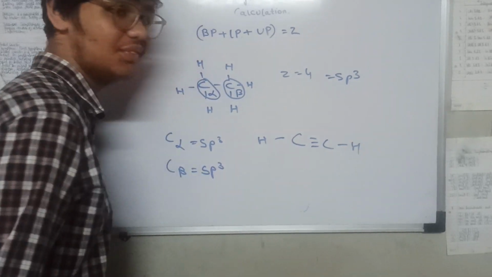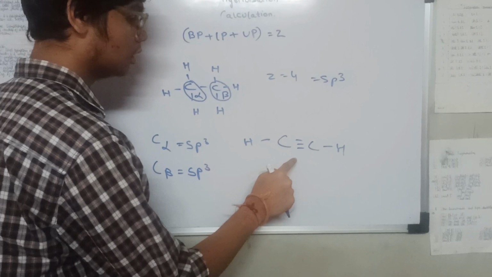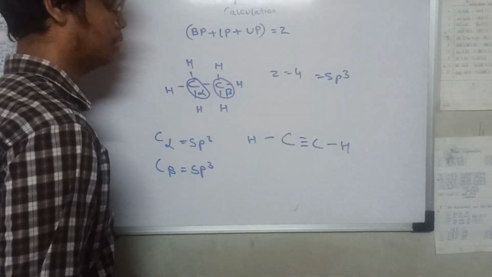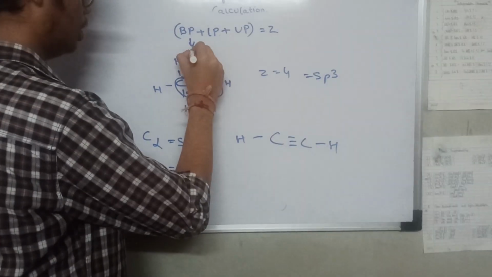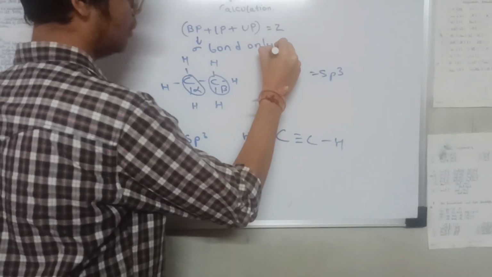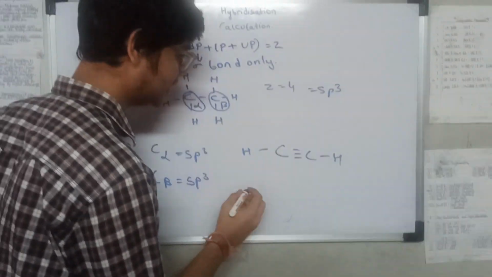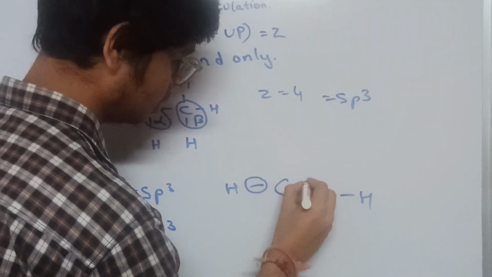Another example: let's take a complex one. Here many students will make a mistake, they will count the pi bond, but here I am writing bond pair, sigma bond only. This is the main part. How many sigma bonds are there? See, 1, 2.